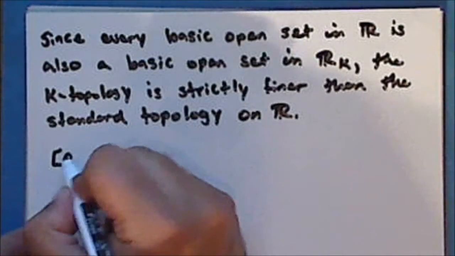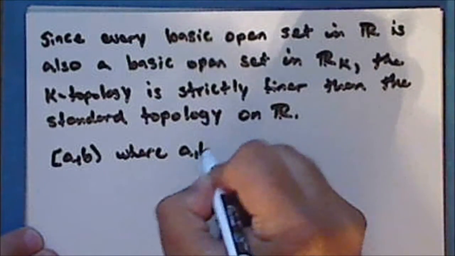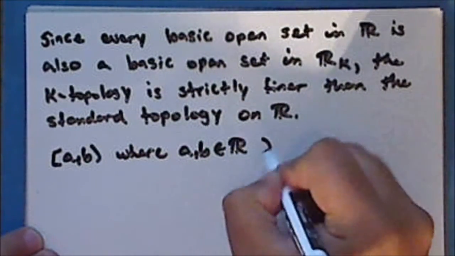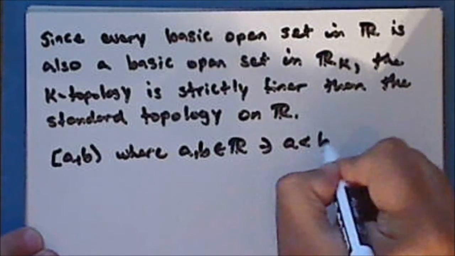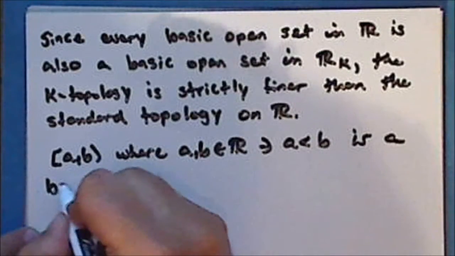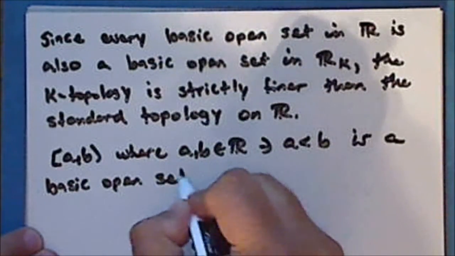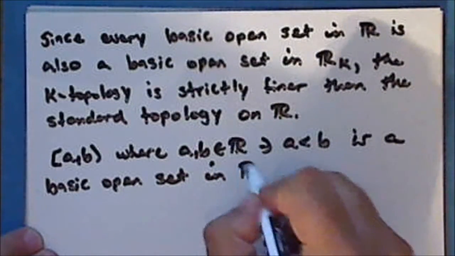Now the half open interval from A to B, where A and B are real numbers such that A is less than B, is a basic open set in the Sorgenfrey line.